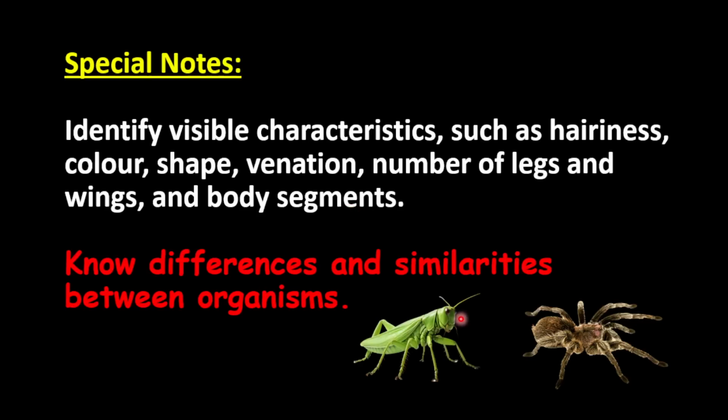All right, and so you need to know the differences and similarities between organisms, such as insects and arachnids. You need to know the difference between those. All right, the amount of segments, and I see this was also a past paper for multiple choice as well, when they compare the different organisms. And of course, the insect will have 3 body segments versus the arachnid will have only 2, the number of legs and so on. All right. Antenna, no antenna, and all of those things.